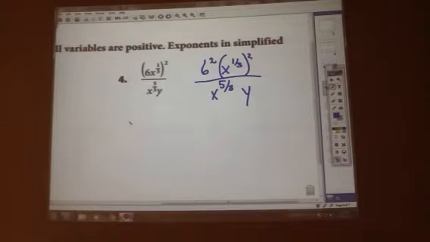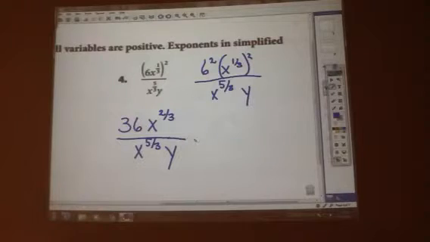What is 6 squared? 36. What is x to the 1/3 squared? 2/3. That's right. Over x to the 5/3 y. I have x's both in the numerator and the denominator, and both of them have exponents on it.